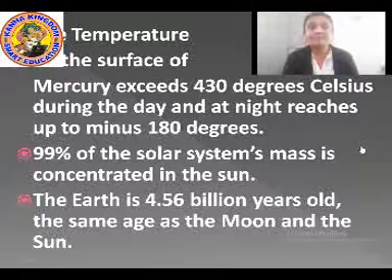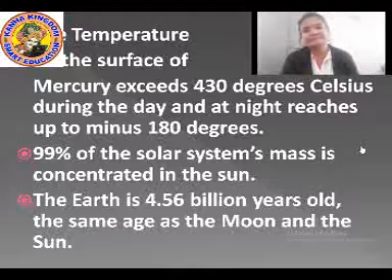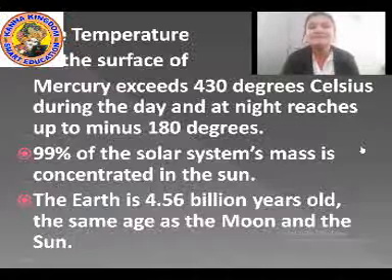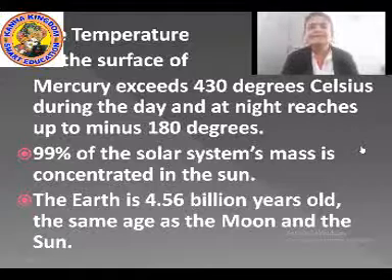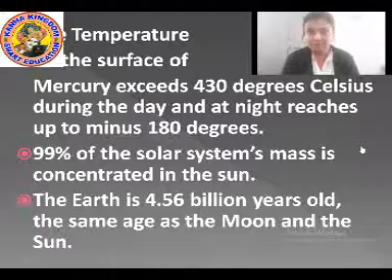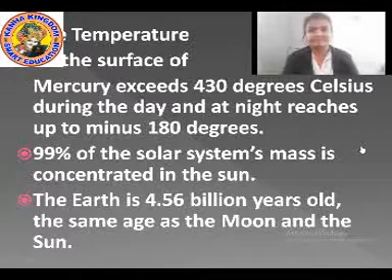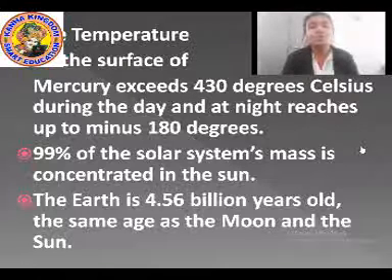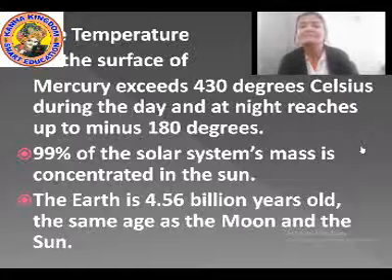And the next is the earth. How old is our earth? Tell me. 4.56 billion years old. How old is our sun? Our sun, earth and the moon are of the same age. The earth is 4.56 billion years old, the same age as the moon and the sun.